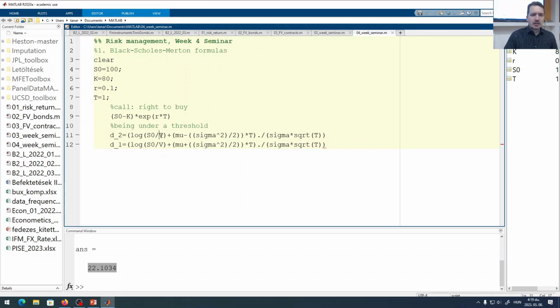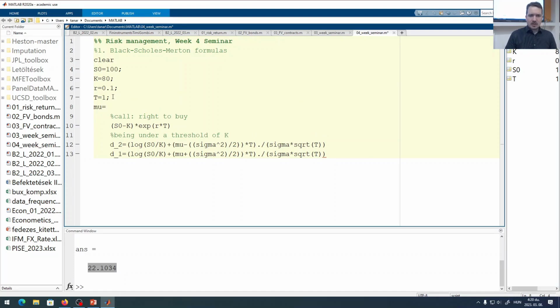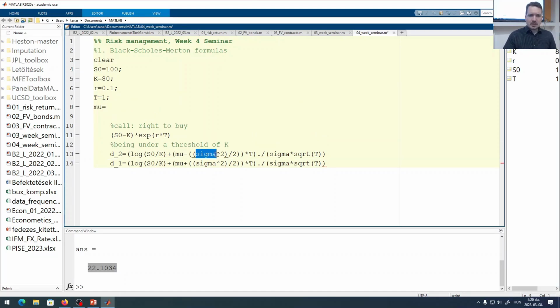Okay, but we need to calibrate this. So now it's not V anymore, now it's under a threshold of K, because now we have the target price, so we have to create some consistency inside the equation. Here we have S, but still we need mu, so let's define additional variables, mu and sigma.